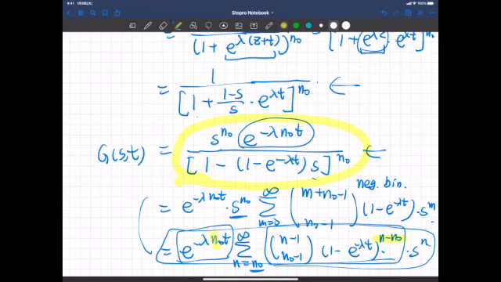And n0 is the number of individuals in the initial population. So this is like the negative binomial distribution where, given the number of initial individuals, how many individuals are derived by cell division. So this n is the random variable. So this is the negative binomial distribution.